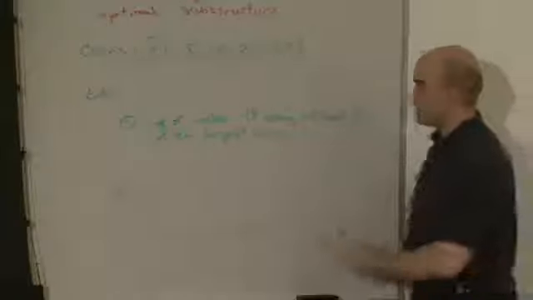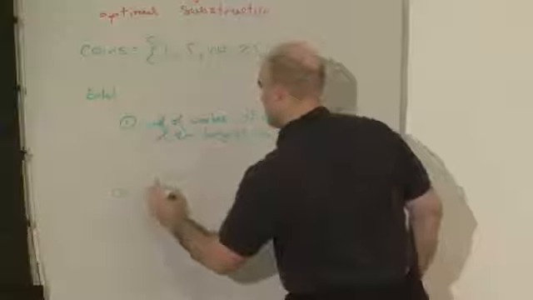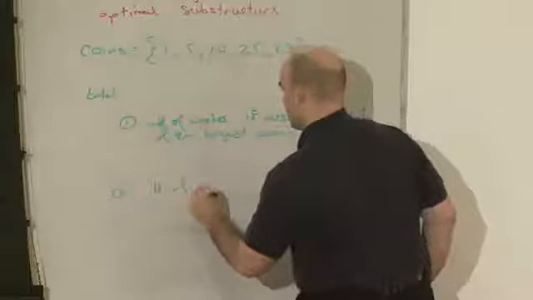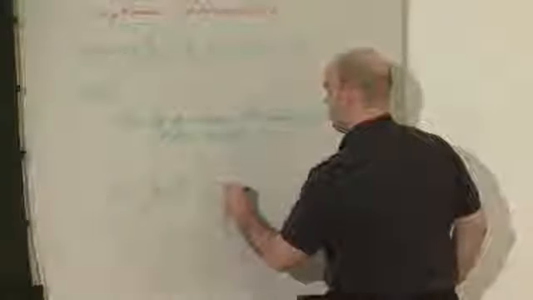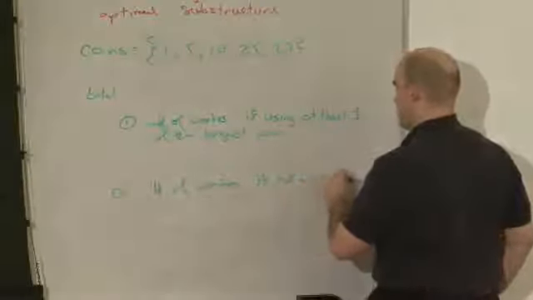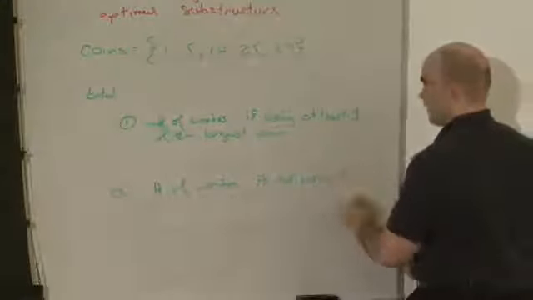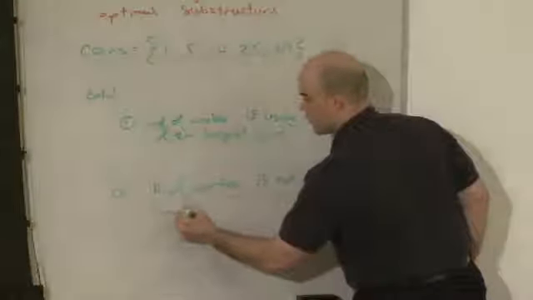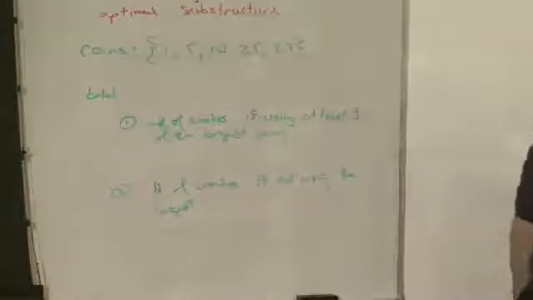And then the other is the number of combinations if not using the largest coin. Okay?